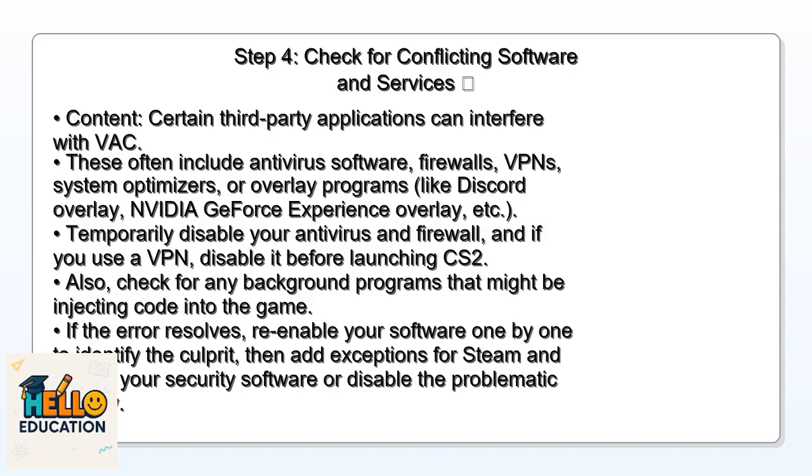Temporarily disable your antivirus and firewall, and if you use them, disable overlays before launching. Also check for any background programs that might be injecting code into the game. If the error resolves, re-enable your software one by one to identify the culprit. Then add exceptions for Steam and Counter-Strike in your security software or disable the problematic overlay.